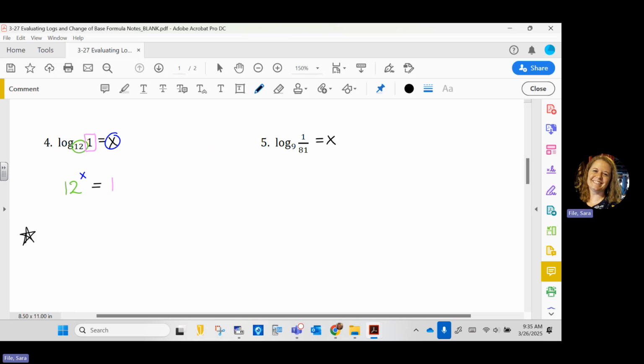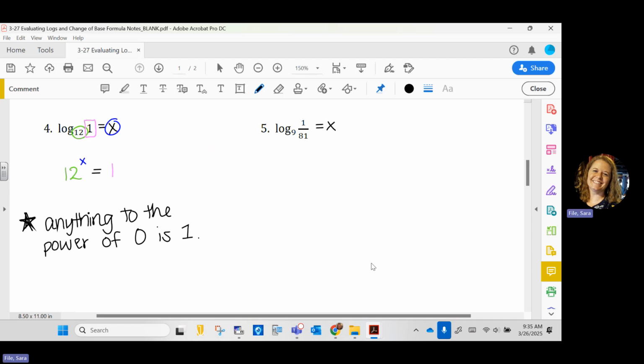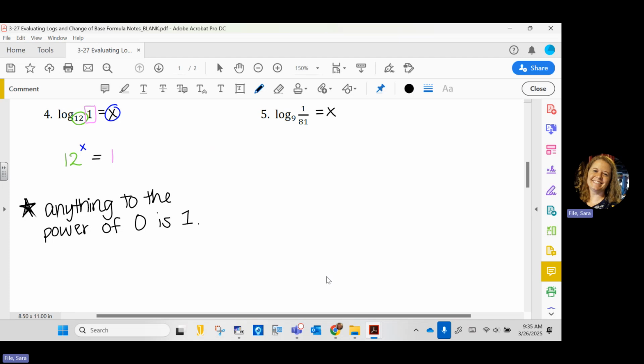Okay. What you need to remember here is your exponent rule. I would make note of this and then star it. Anything, any base to the power of 0 is 1. So written out, the rule looks like this: b can be anything.